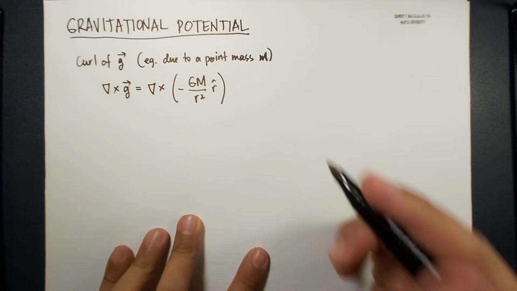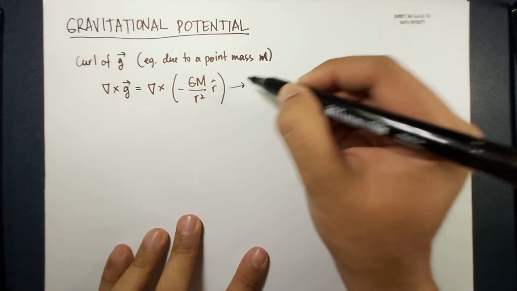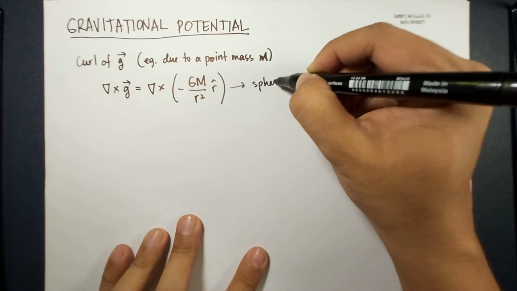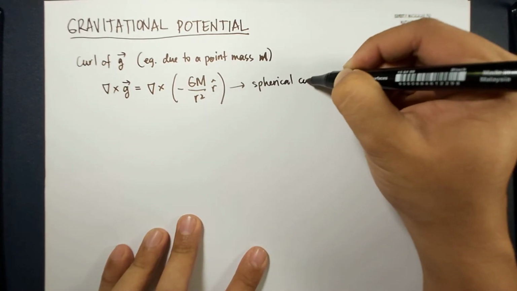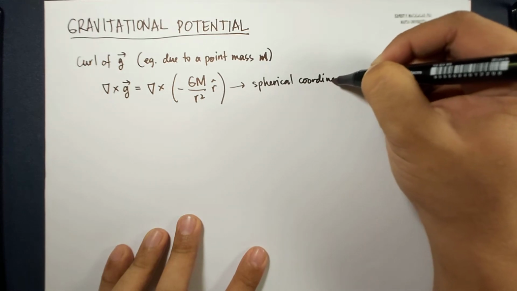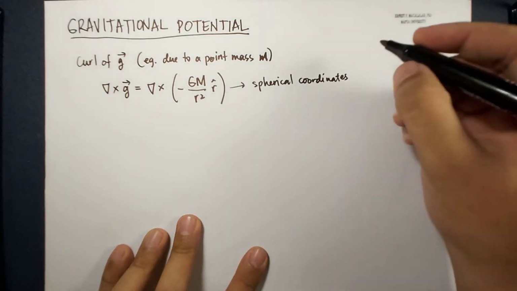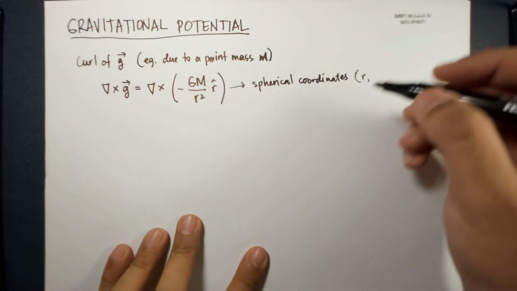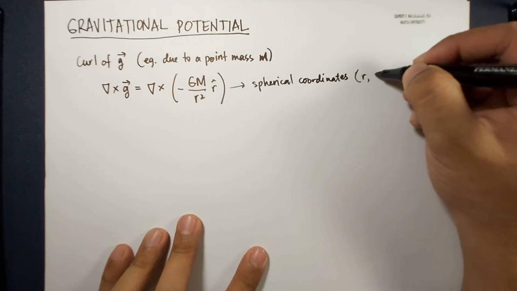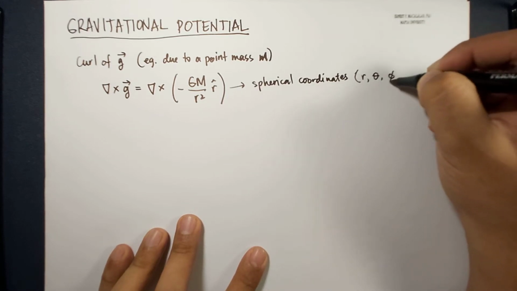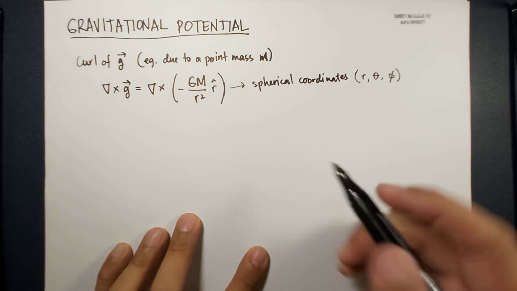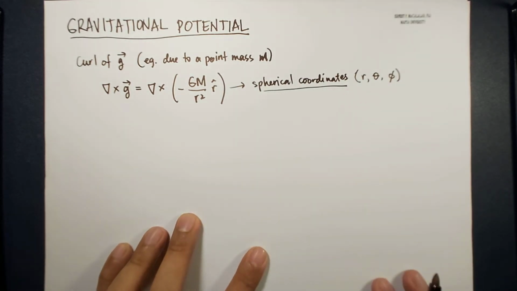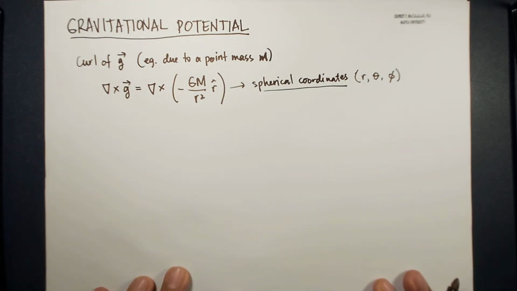You will notice that what we're using here is in terms of spherical coordinates, and your spherical coordinates have variables r, theta, and phi. You can go over your previous notes on how spherical coordinates are related to the Cartesian coordinate system.